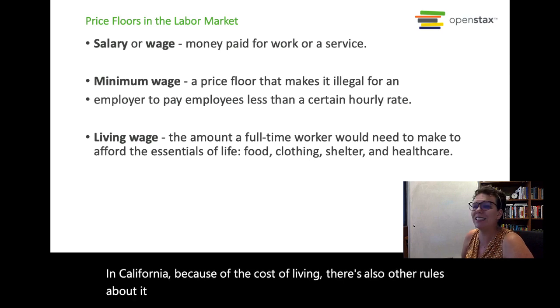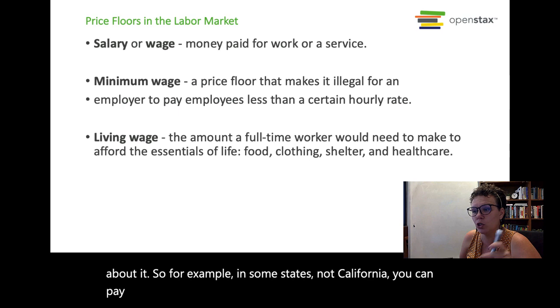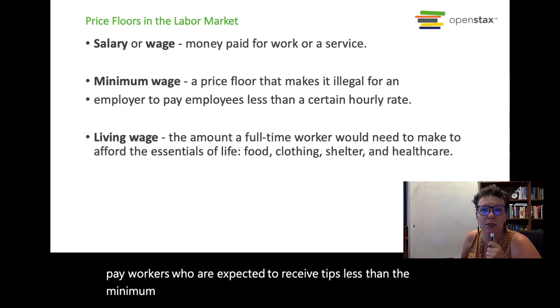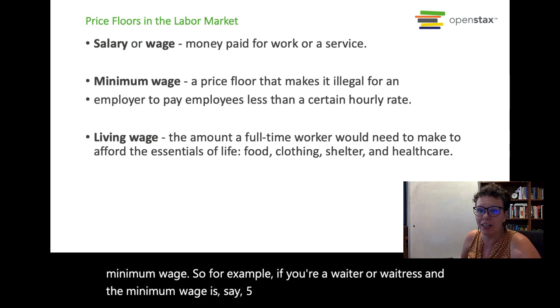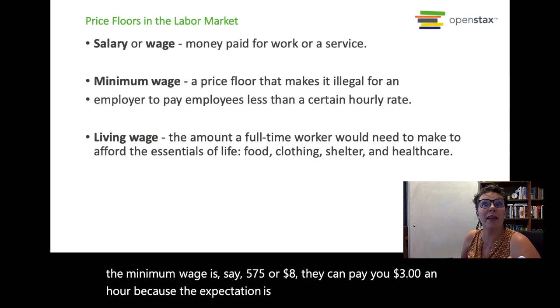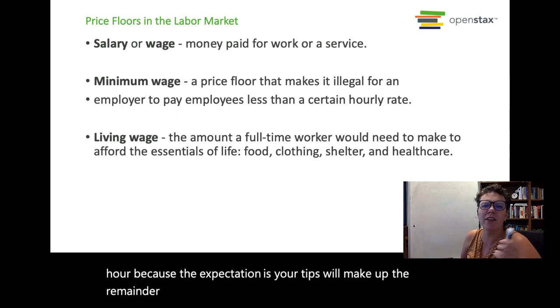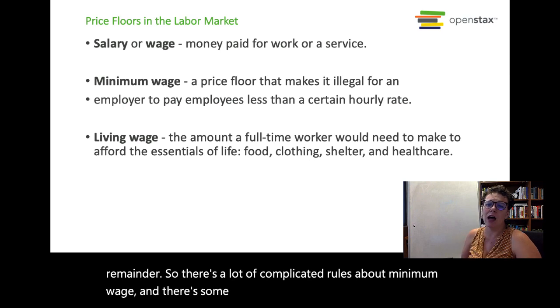For example, in some states, not California, you can pay workers who are expected to receive tips less than the minimum wage. So if you're a waiter or a waitress and the minimum wage is say $5.75 or $8, they can pay you $3 an hour because the expectation is your tips will make up the remainder. So there's a lot of complicated rules about minimum wage, and there's some ways around it.